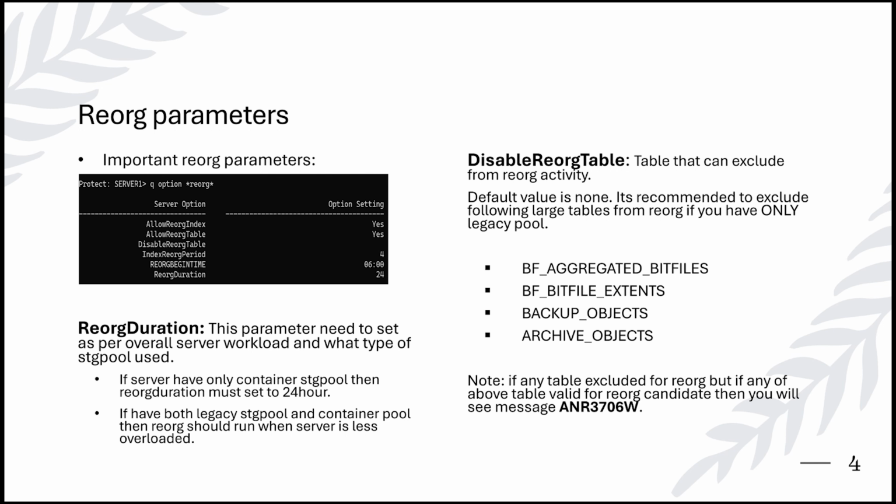In case you have legacy pools only, then you should exclude those tables from the reorg operation. The reason for excluding them is that these are large tables, so running reorg on those tables may take many months, which can cause other tables to be stopped until the reorg finishes for those tables.